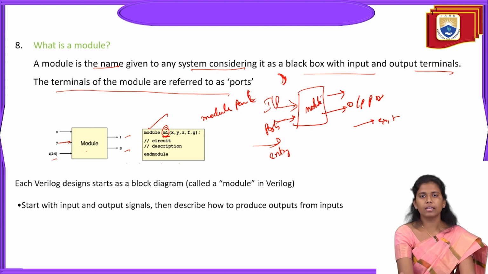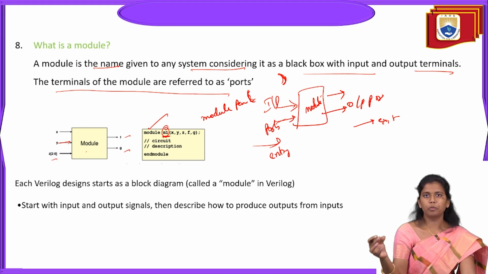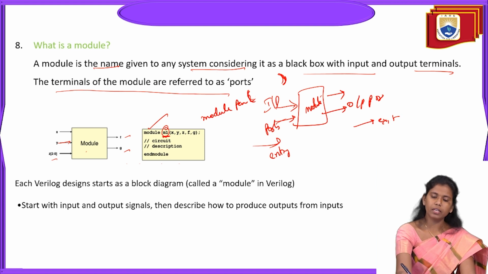Because the module consists of some inputs, some outputs, and ports that are both input and output. So the representation of the input, output, and in-out ports can be given in the bracket. As per this diagram, he has given the inputs as X, Y, Z, and the outputs as F and G.